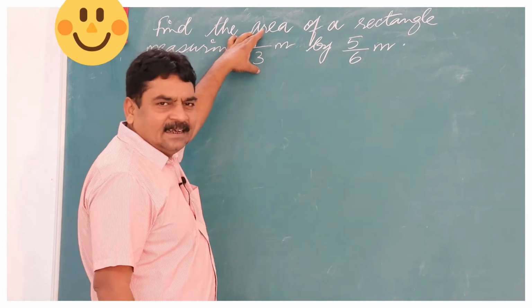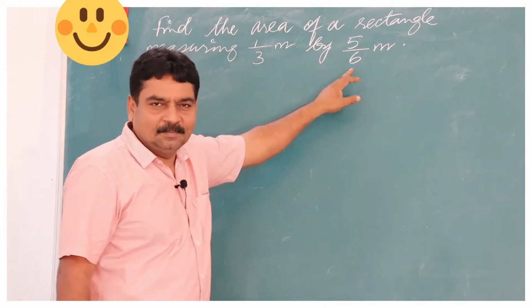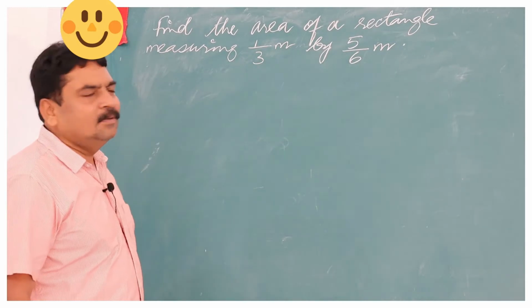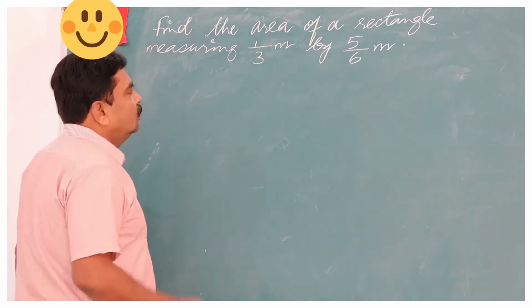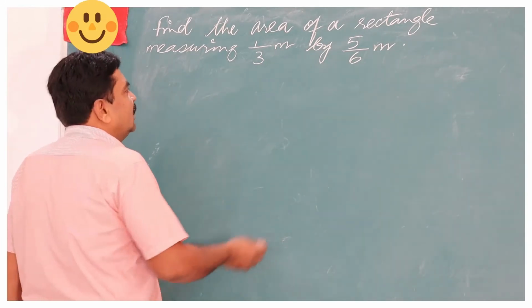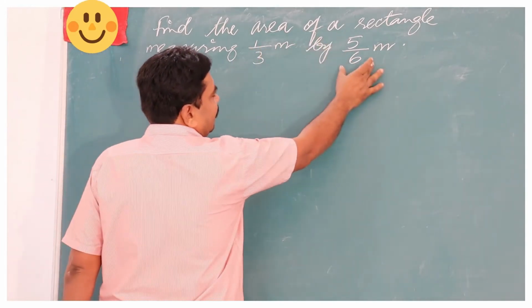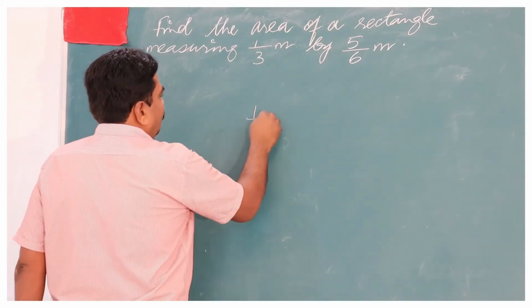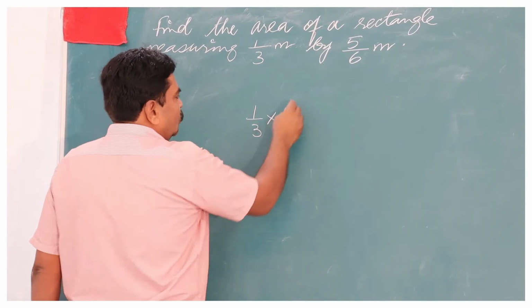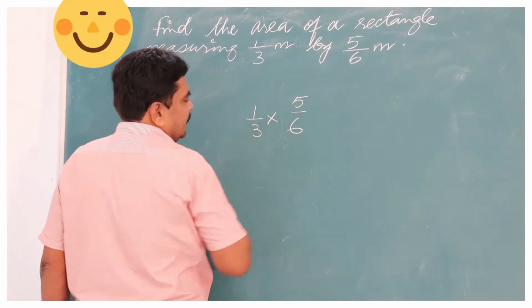This is one side measurement and this is another side measurement. It is as simple as your geometrical problem. You have to multiply these two. Suppose this is length, then this will be your breadth. So 1/3 length into breadth 5/6.